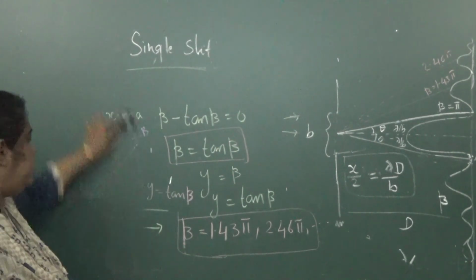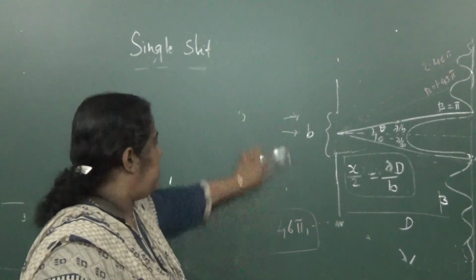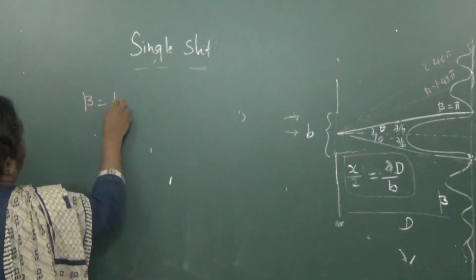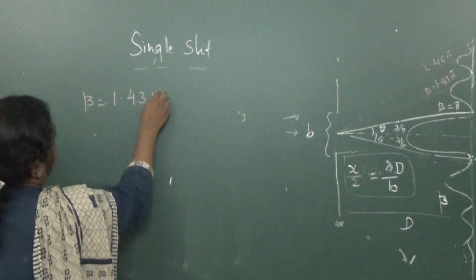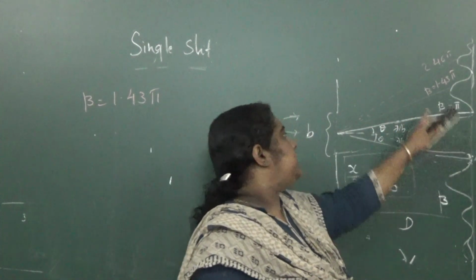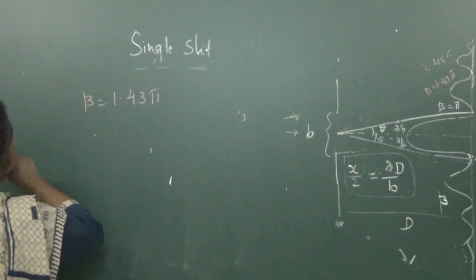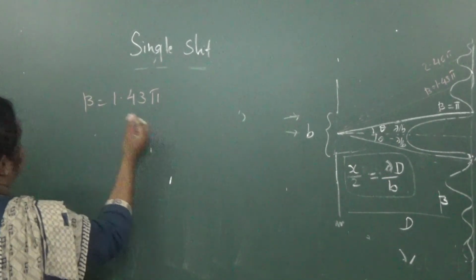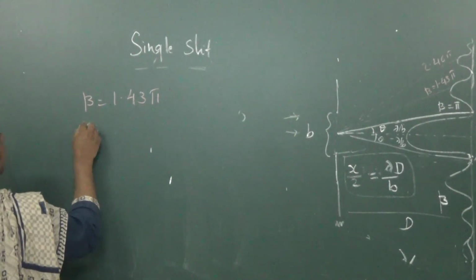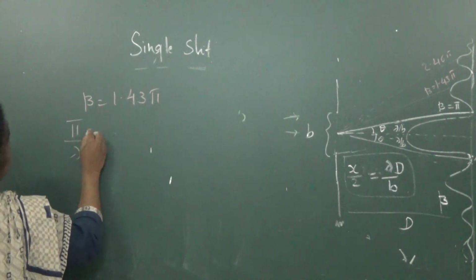Now beta is equal to 1.43 pi. This is the first maximum equation, theta value. So you have to find the theta corresponding to that. That is, beta is equal to pi b sin theta by lambda.